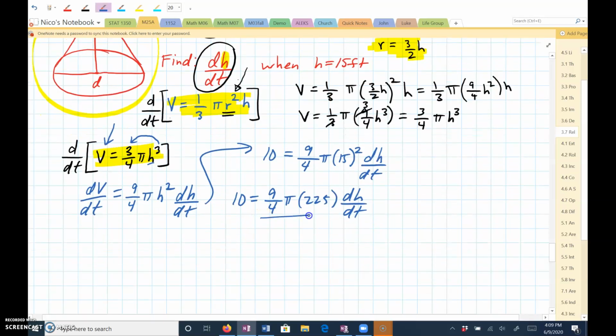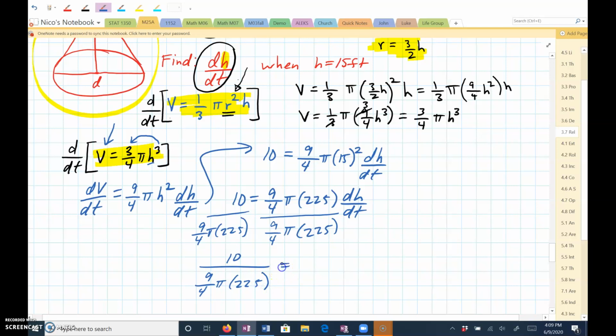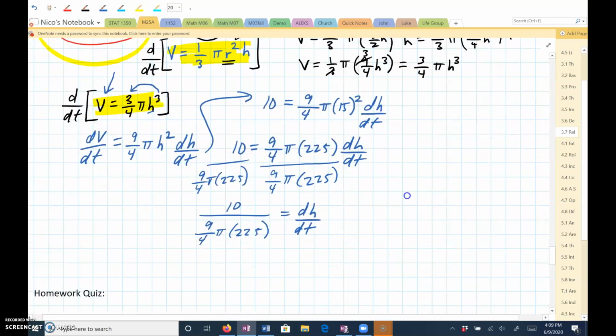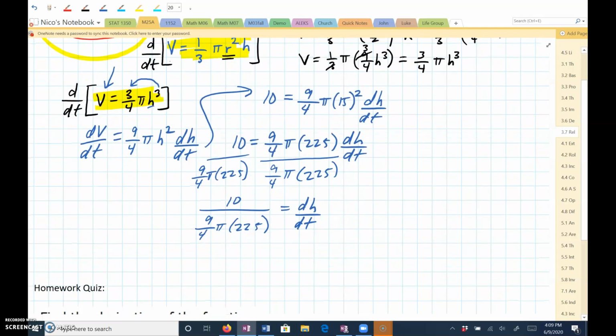Then I'm going to divide both sides by 9/4 pi times 225. So now I have 10 over 9/4 pi times 225 equals dh/dt. Now I just have to simplify some.